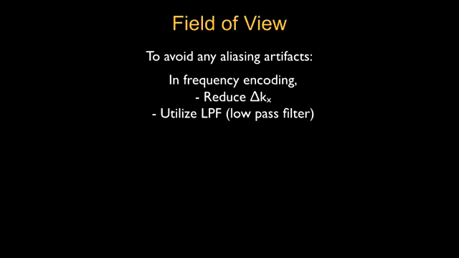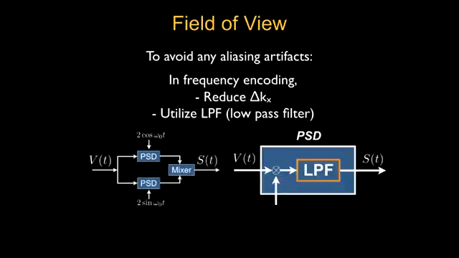So along the kx or the x direction, right before the A to D converter, you can apply the low pass filter. That restricts certain locations to be zeroed out, and you don't have to worry about the field of view aliasing. So this is what I meant: going from the voltage information to the S of t, you can apply the low pass filtering here.